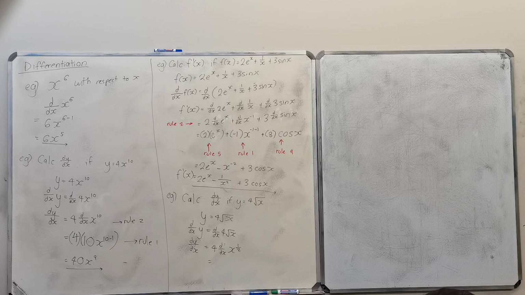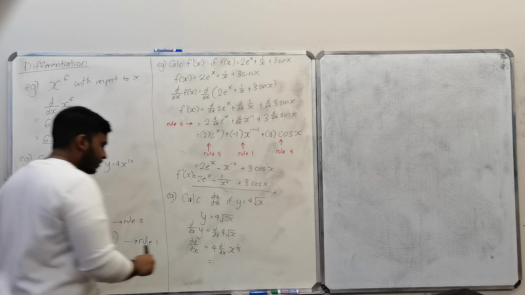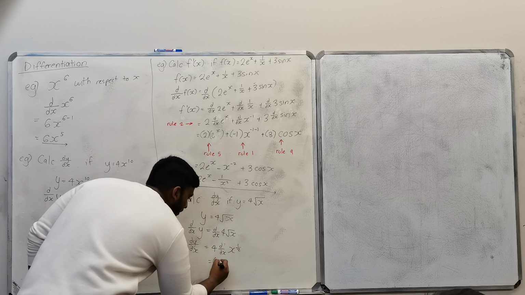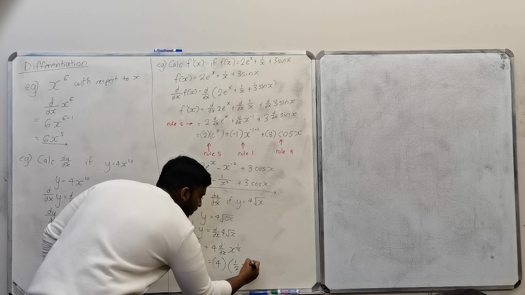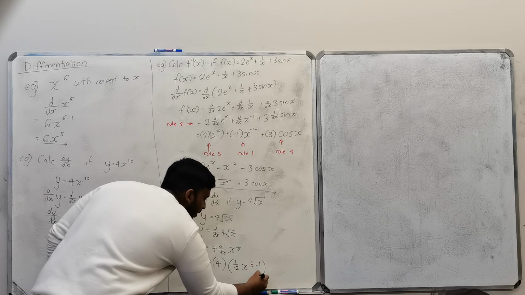Rule number 1. d over dx of x to the power n is equal to n x to the power n minus 1. So this would be 4 times half x to the power half minus 1.